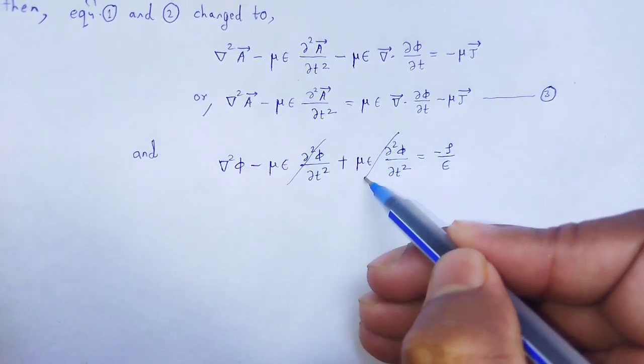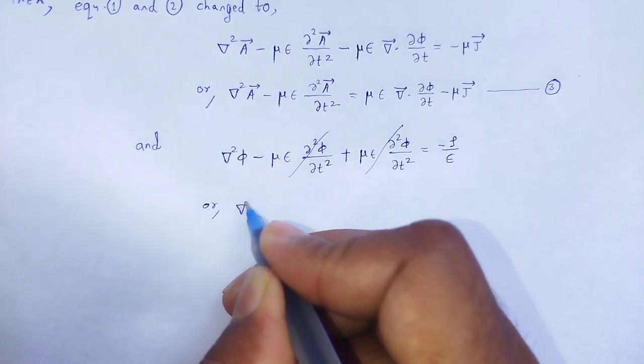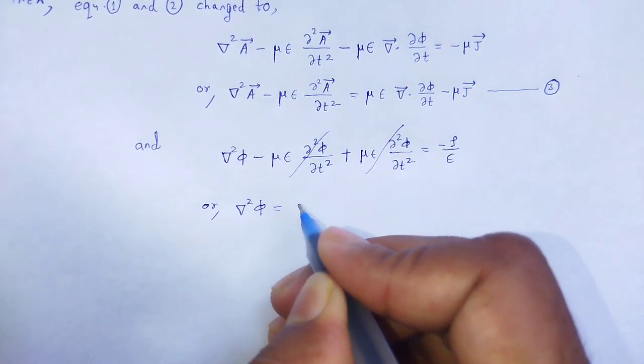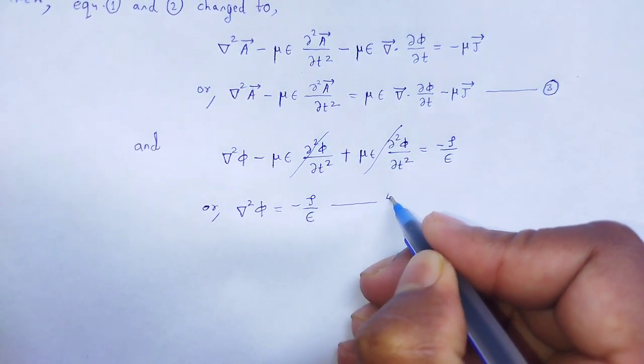The plus and minus terms cancel out, and we obtain grad square phi is equal to minus rho by epsilon. That is equation number 4.